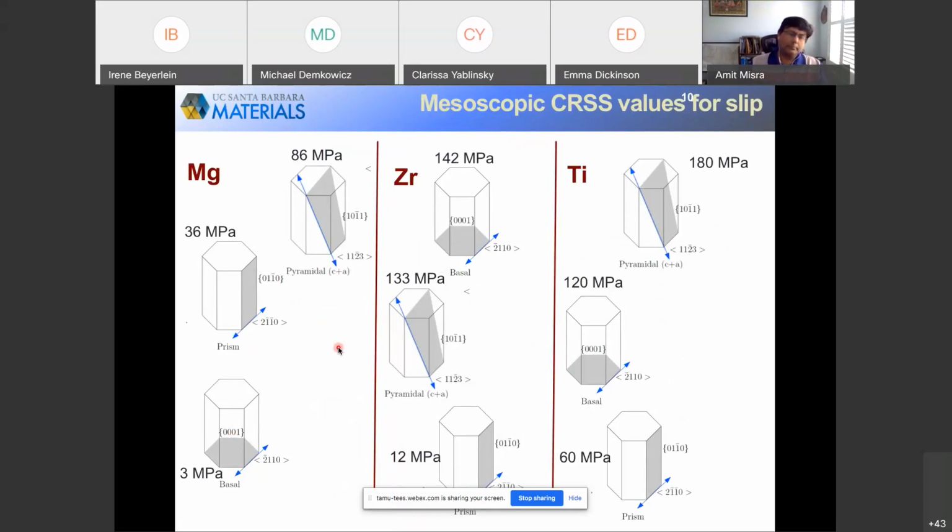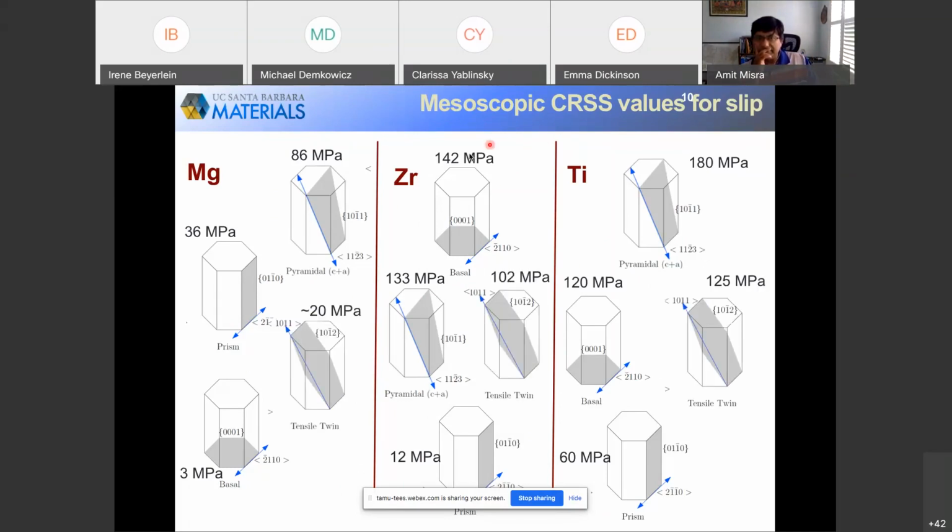Now, I wouldn't say that these numbers are precisely what would activate twinning at the atomic scale, but on the mesoscopic, bulk sense, when calculating at what values twinning would be activated in order to explain the anisotropic behavior of these metals, we find that it occurs somewhere in between the easiest slip system and the next hardest slip system.